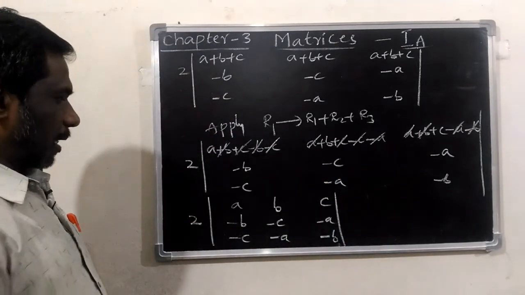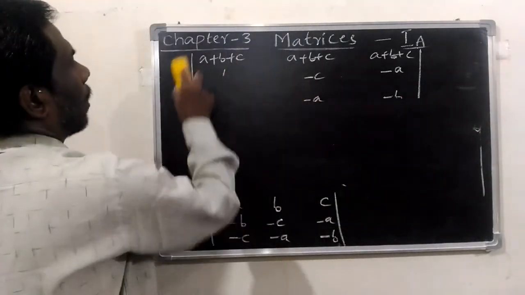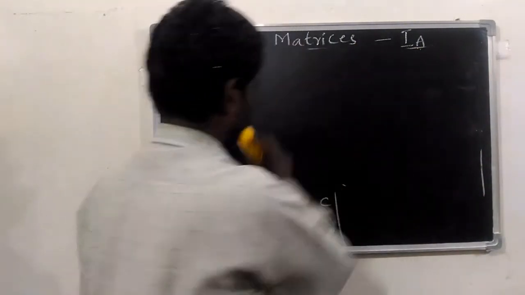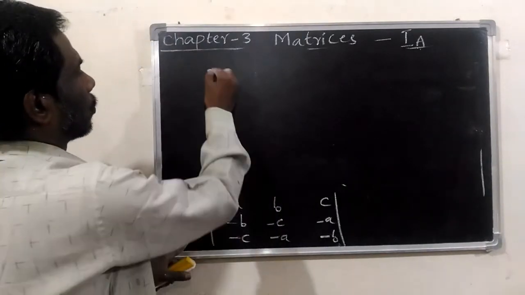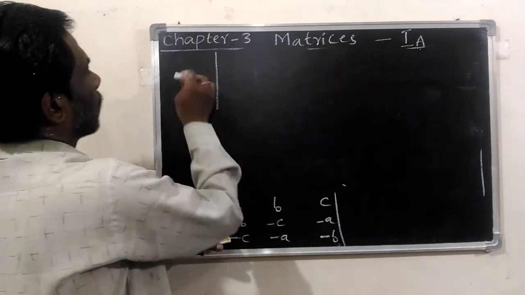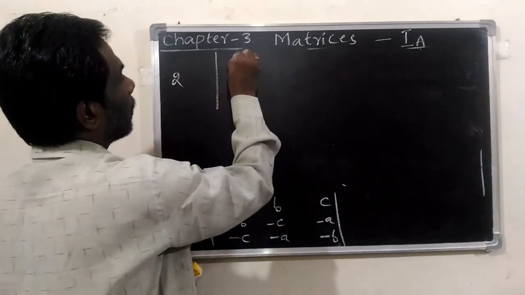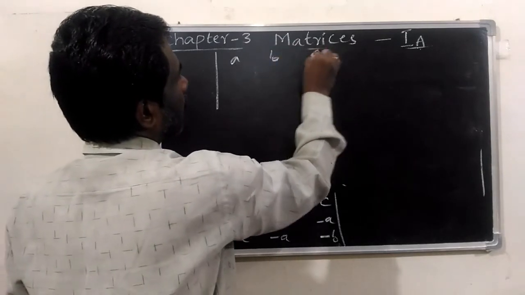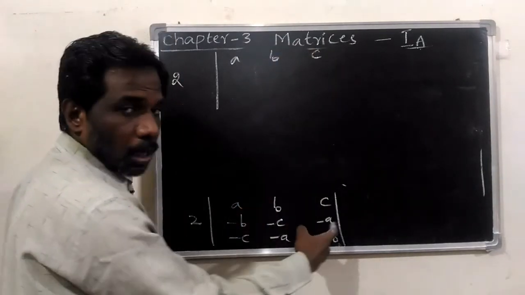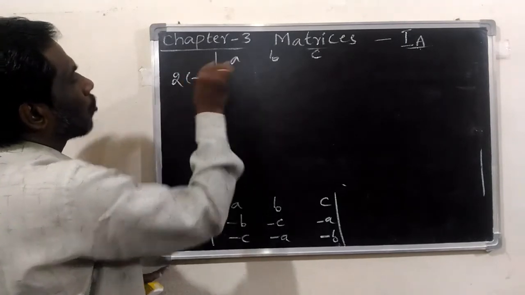After writing this, write this 2 as it is, mod of A, B, C. From the second row, I am taking minus common.